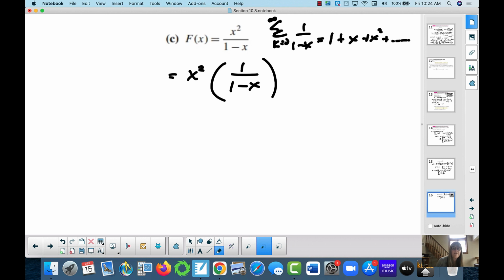Because we're plugging in that function for different values of k there. So here, our capital F of x is just x squared times that sum.